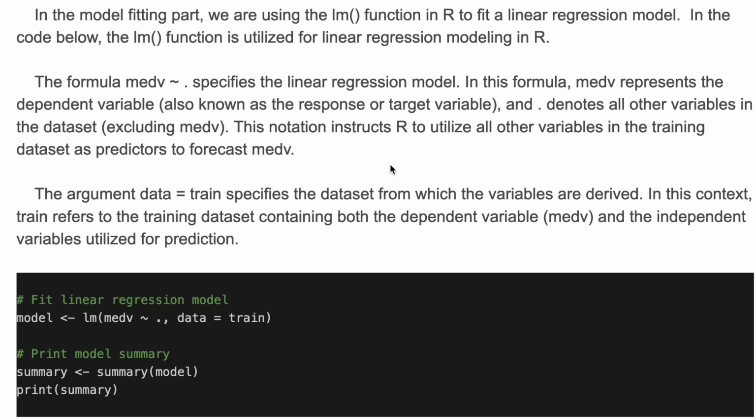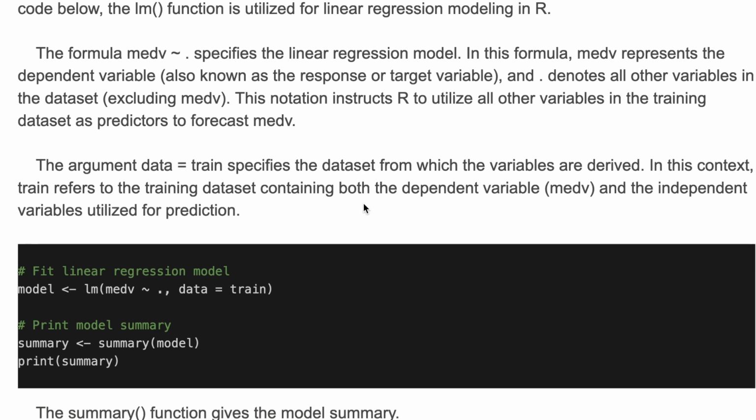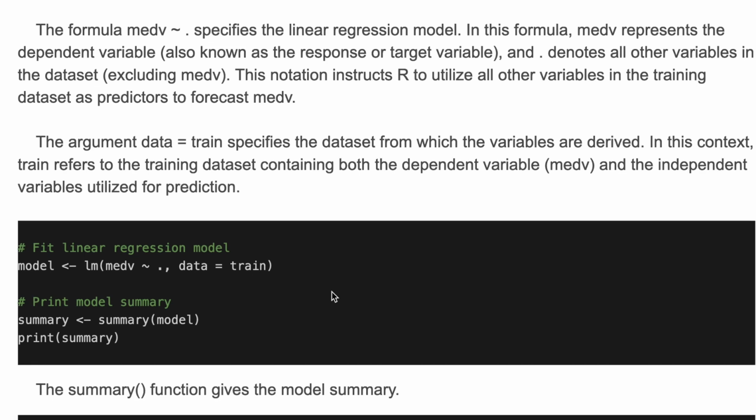This notation instructs R to utilize all other variables in the training dataset as predictors to forecast medv. The argument data equals train specifies the dataset from which the variables are derived. In this context, train refers to the training dataset containing both the dependent variable and the independent variables usually utilized for prediction.